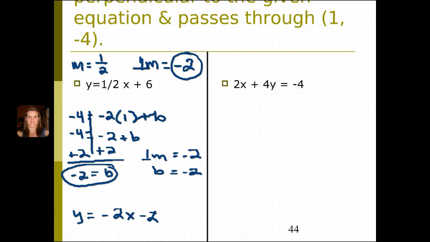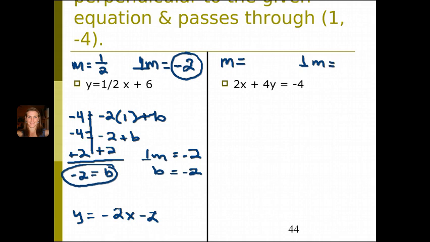All right, so again, it's going to take a little more effort to find the slope for the line that they gave us, but we'll still write our slope and our perpendicular slope up top just to make sure we have enough space.